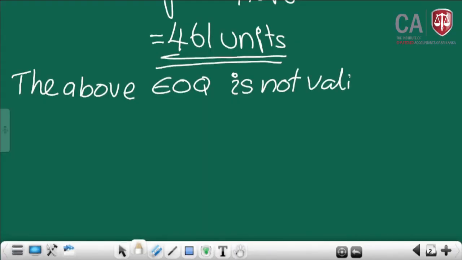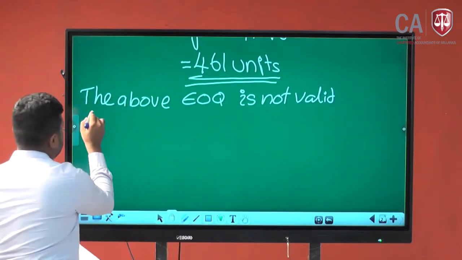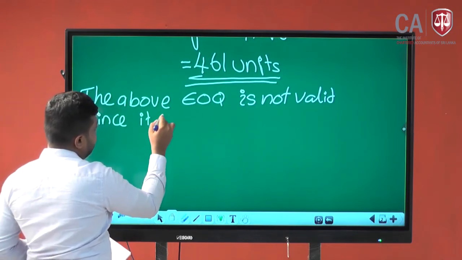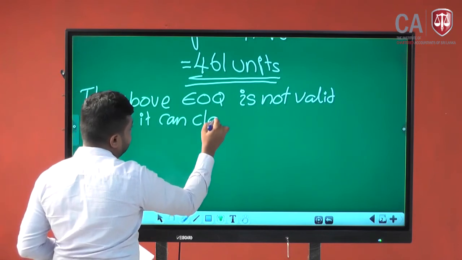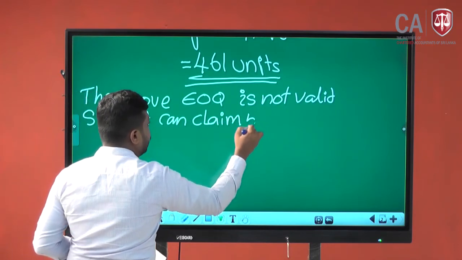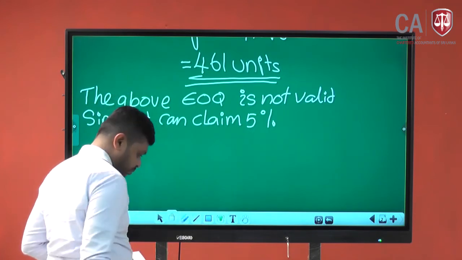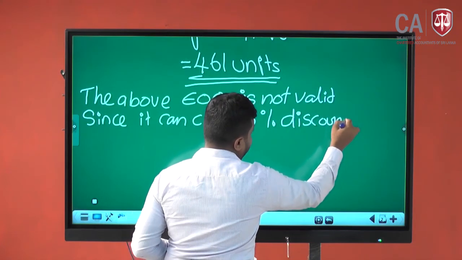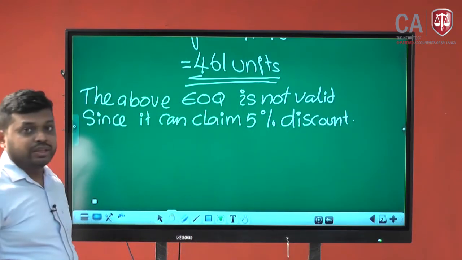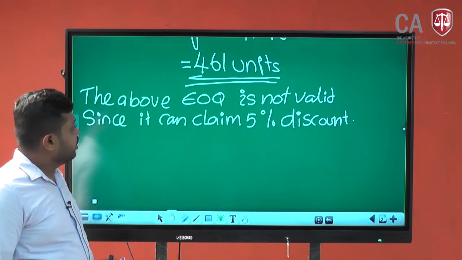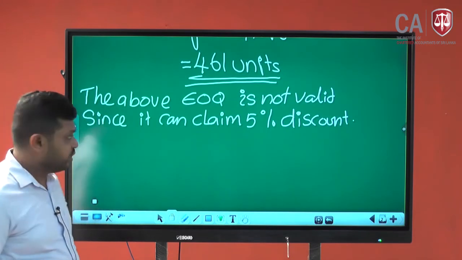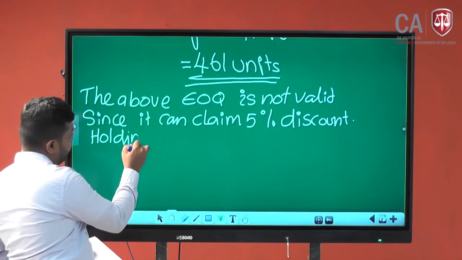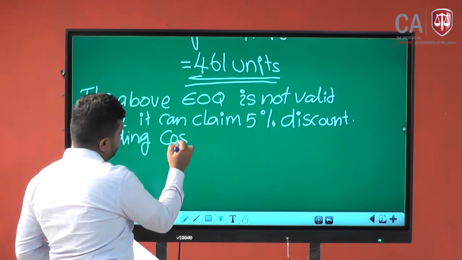Why not valid? Since it can claim 5% discount. Then what will happen? Then holding cost will change. Holding cost gets affected.